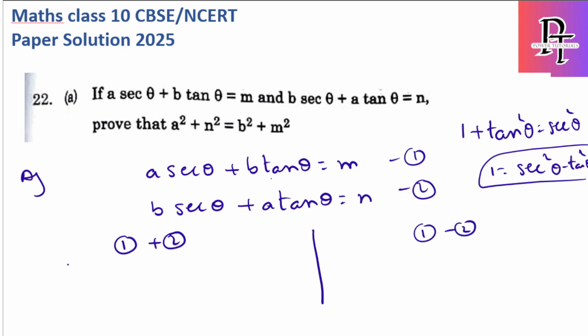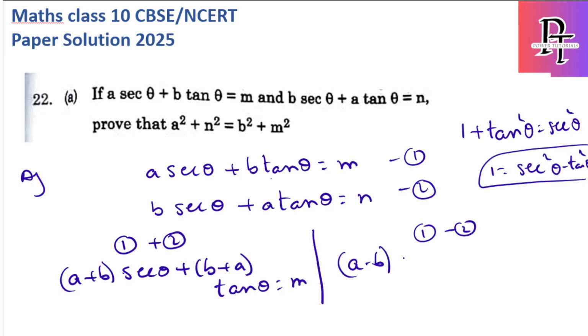If I do 1 plus 2, I will get A plus B into secant theta plus B plus A into tan theta is equal to M plus N, and here A minus B into secant theta plus B minus A into tan theta is equal to M minus N. This is M plus N, this is M minus N. Okay, let me write the same in the next slide.